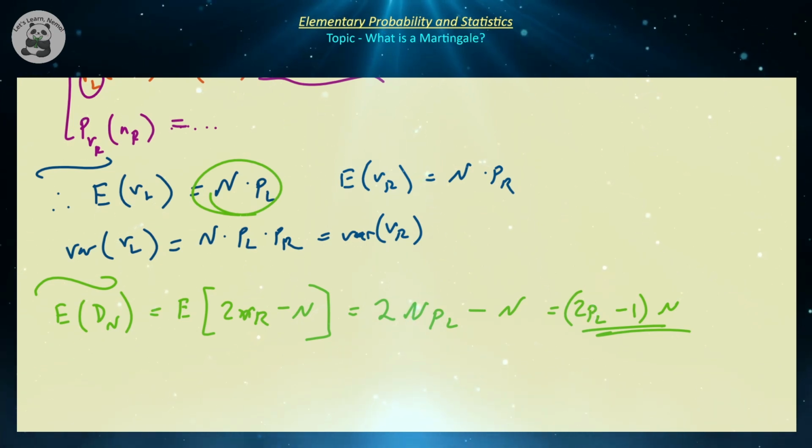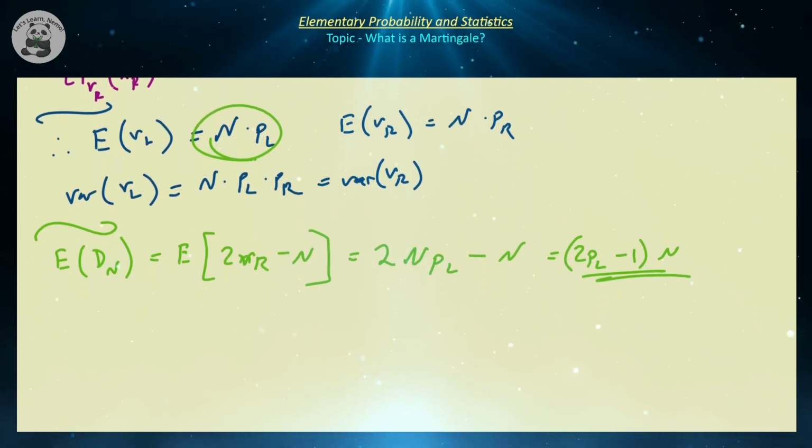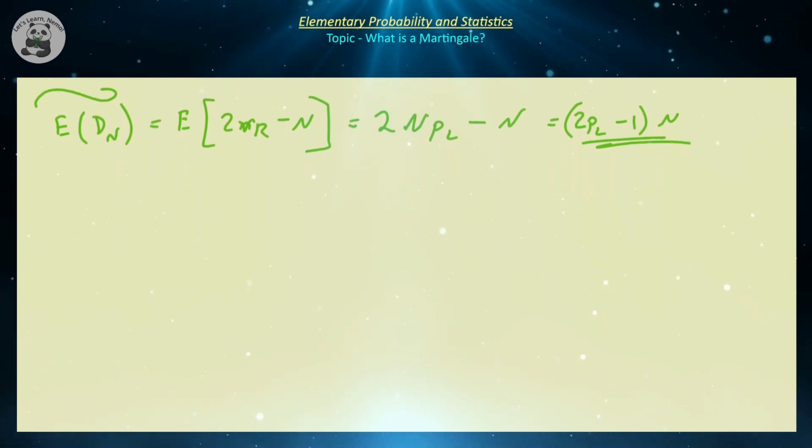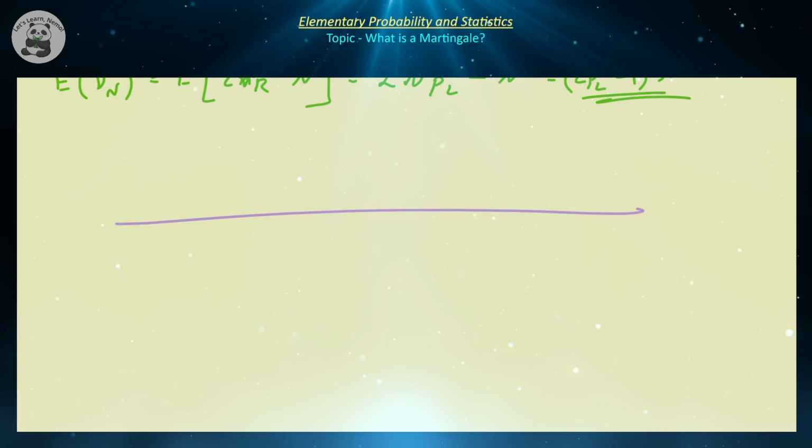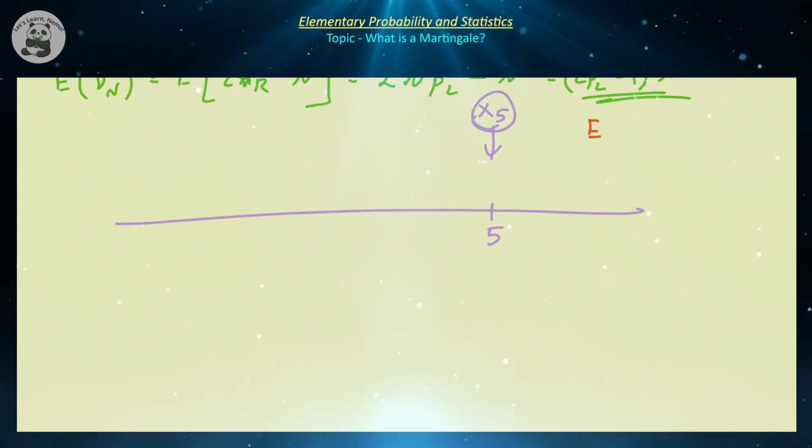Of course, whether these steps are independent of each other, usually we do assume that they are independent, because the only thing that really matters here is where you go next. For example, if we are located at position 5, and let's assume that this is where we are after 5 iterations of the sequence, and I ask, what is the expected value at x6? So where can we go on iteration x6?